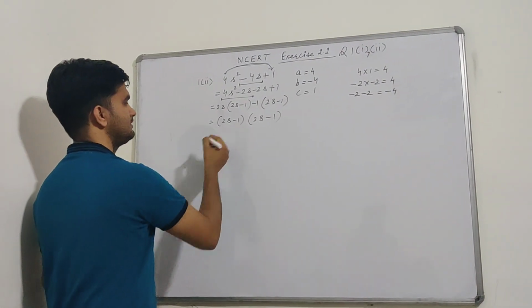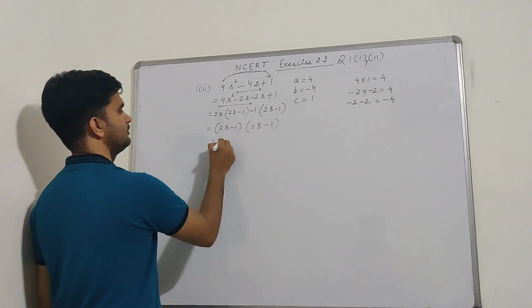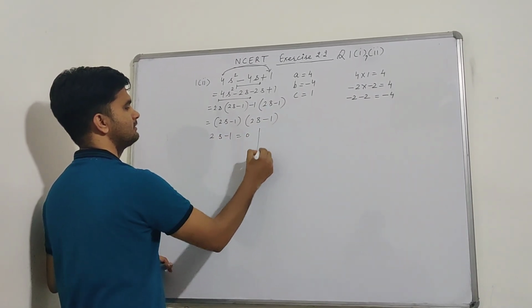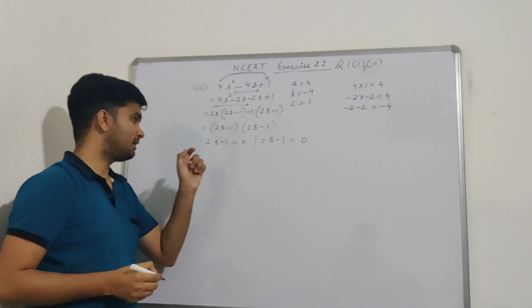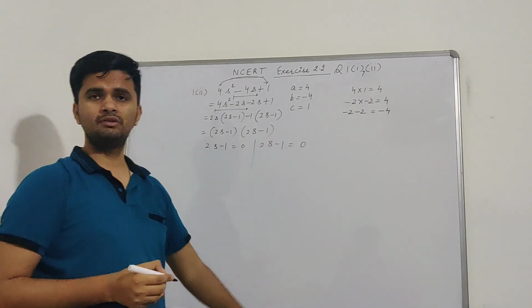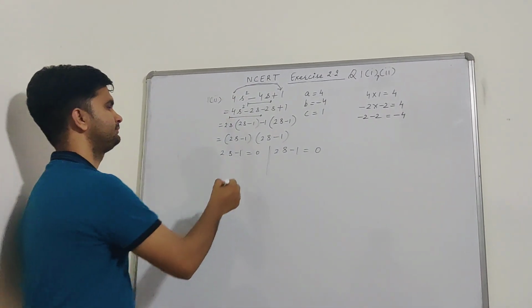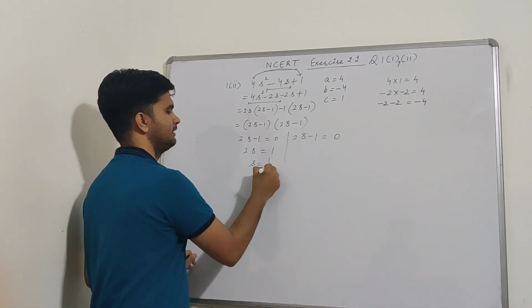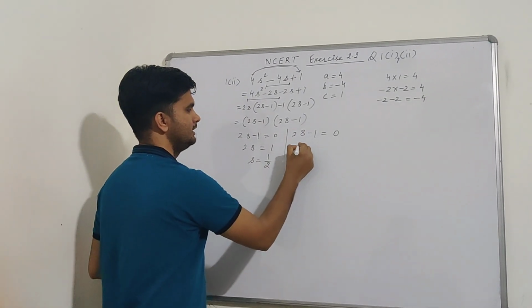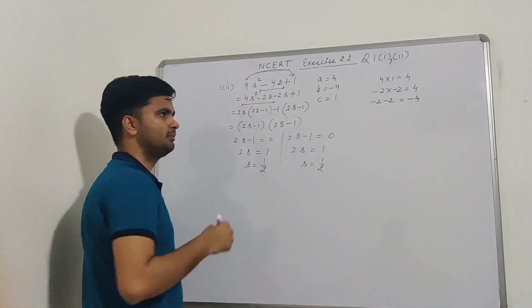So the two factors are 2s minus 1 and 2s minus 1. So 2s minus 1 equals 0, 2s minus 1 is equal to 0. Why am I putting these two factors equal to 0? To find zeros of this polynomial. 2s is equal to 1, s is equal to 1 by 2. Same way here, s is equal to 1 by 2.